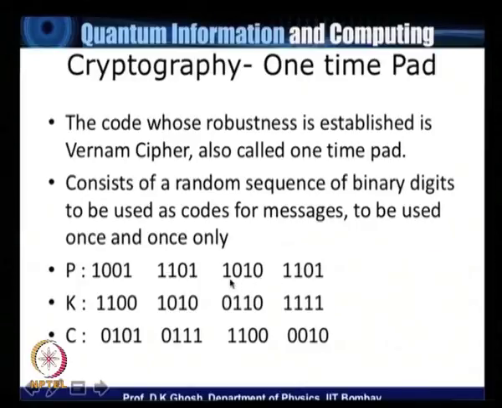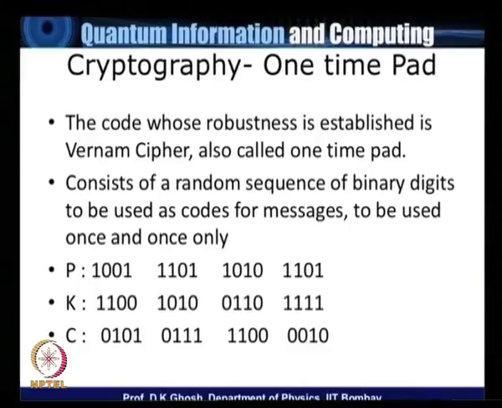The plain text is the name given to the message that you want to actually send. Now what I do is, I generate a random key. This random key is basically a sequence of random binary digits which the sender has, and an identical copy of it the receiver has, no matter how far the receiver is located.